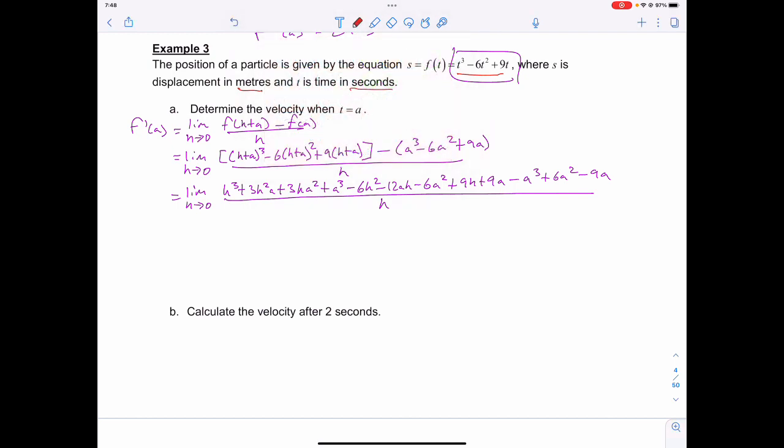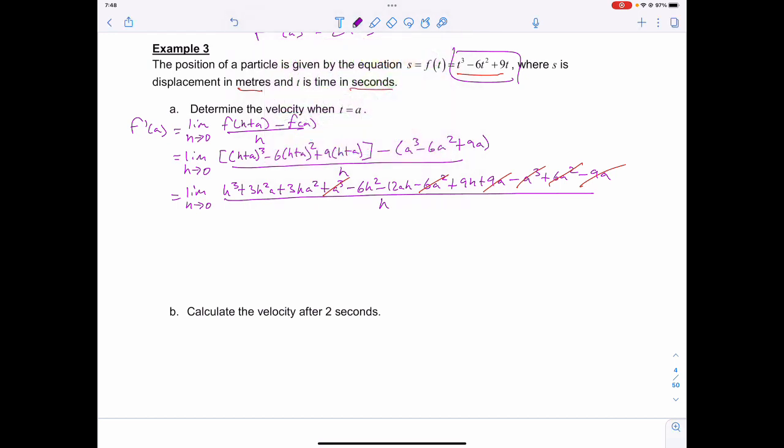From here, I can see that I can cancel out the positive a cubed and the negative a cubed. I can take away the negative 6a squared and the positive 6a squared. I can take away the positive 9a and the negative 9a.